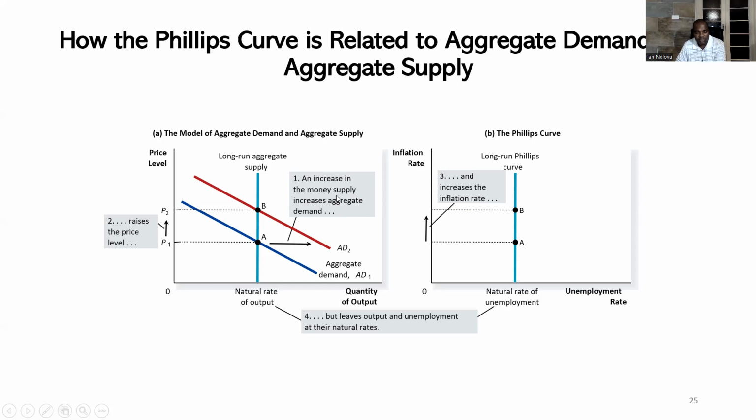An increase in money supply is one of the instruments that one may use in order to stimulate aggregate demand so that it increases. But then this has the effect of triggering an increase in the general price level from P1 to P2, which is also shown in the second panel as a movement of the inflation rate from a lower point to a higher point, and as a movement along the same Phillips curve from A to B.